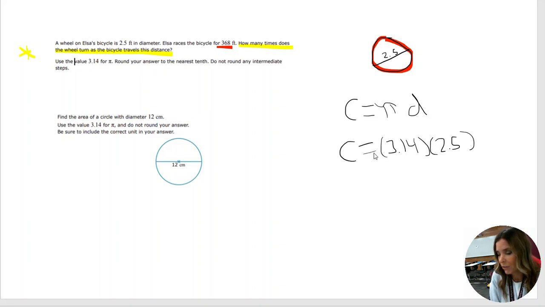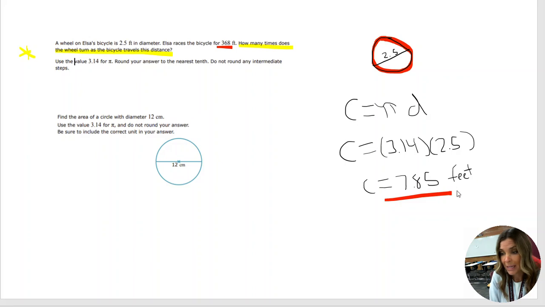So when I take the 3.14 and multiply by 2.5, I'm going to get 7.85. So every time the wheel rotates once all the way around, it travels this many feet.